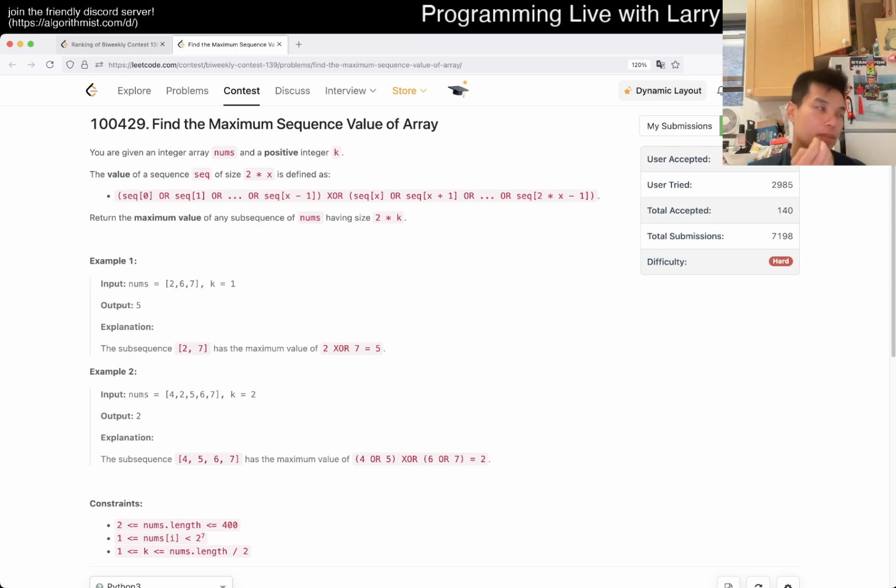Okay, let's say we have left and we have 1 bit, right? No, because you just have to match them up.